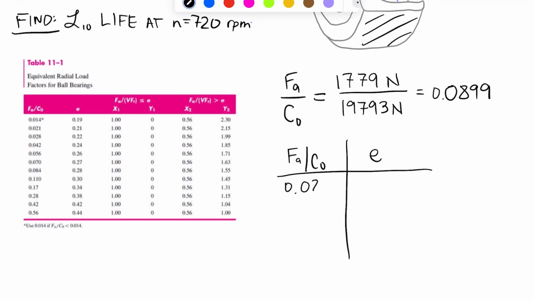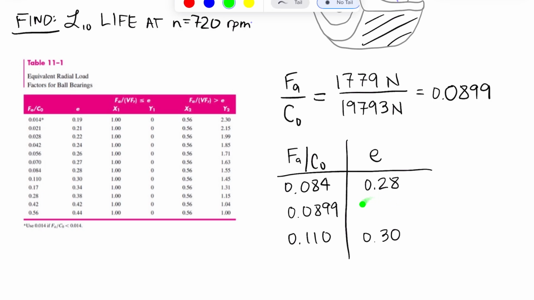So the top line is 0.084 for my ratio of FA over C0, and that corresponds to an E value of 0.28. That's just this line from the table. And then the next line down is 0.110, and E is 0.30. I have a value of 0.0899, and so I need to do linear interpolation to solve for what the value of E should be.